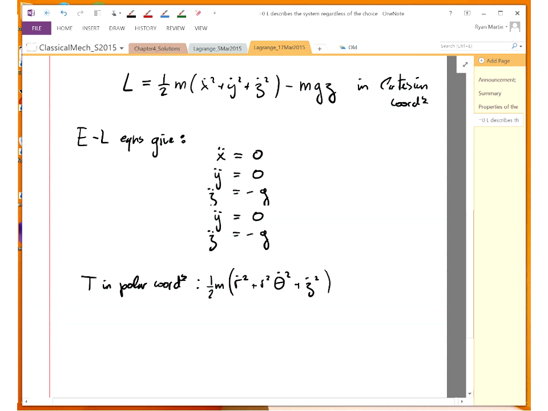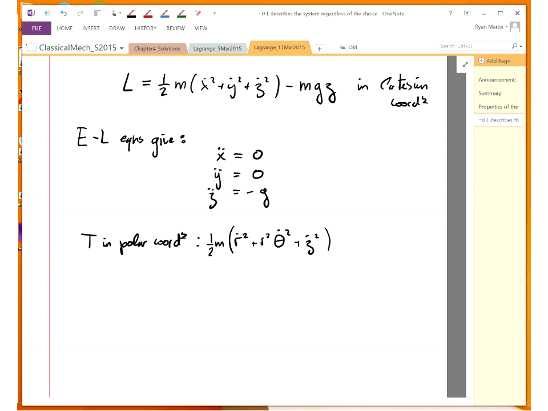Of course, the potential energy in polar coordinates has a z in it, so it's still the same, and so the Lagrangian in polar coordinates is a half m times r dot squared plus r squared theta dot squared plus z dot squared, minus mgz.